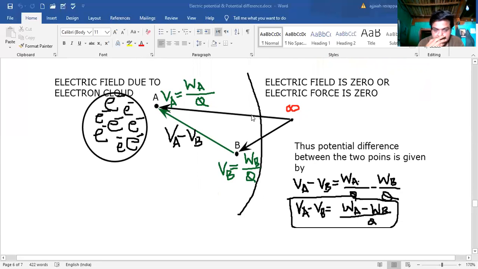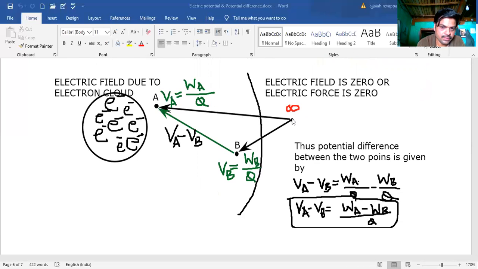Now how to define the electric potential at A? Again, I am imagining the same electron cloud. There is a field till this boundary. You go by the definition. What is the definition of electric potential?